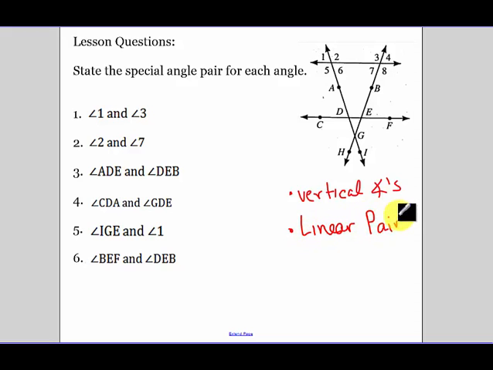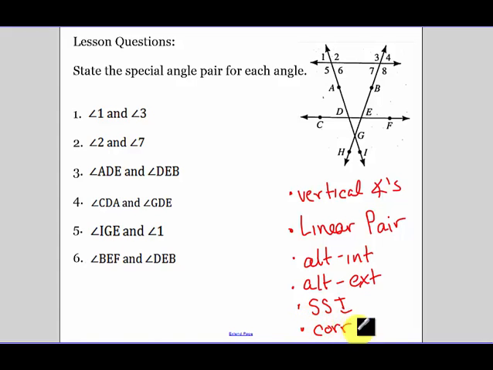You're going to have a lot to choose from. You're also going to have your alternate interior, alternate exterior, same side interior, and corresponding. Okay? So those are going to be all your options for those 6 questions.